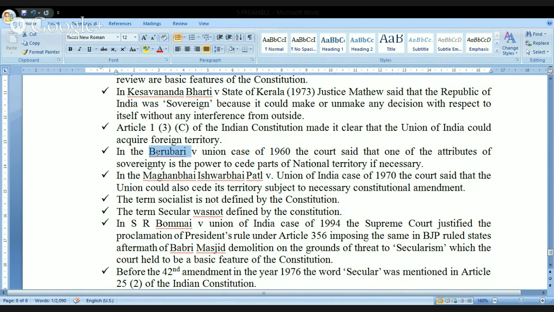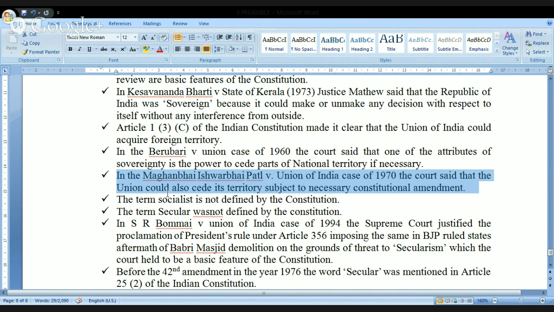In the Berubari case, the Supreme Court made it clear India has the power, it can cede parts of Indian territory to another nation, but whenever you are doing it, go for an amendment of the Constitution. Okay, next one. In the Maganbhai Ishwarbhai Patel versus Union of India case of 1970, the court said that the Union could also cede its territory subject to the necessary constitutional amendments.